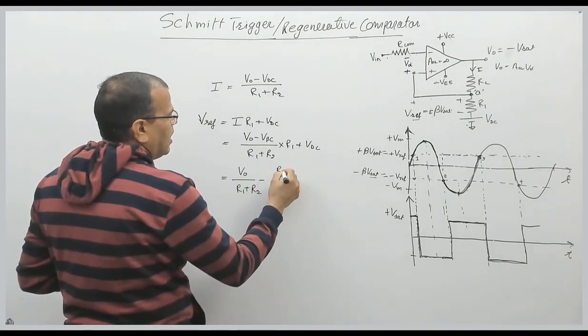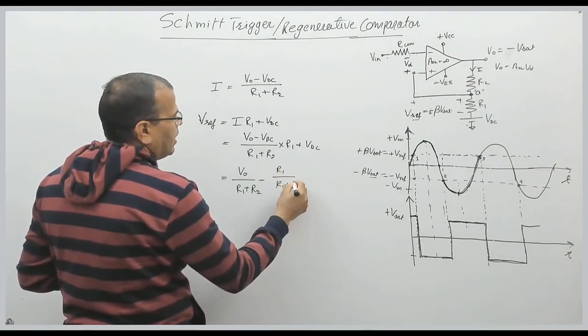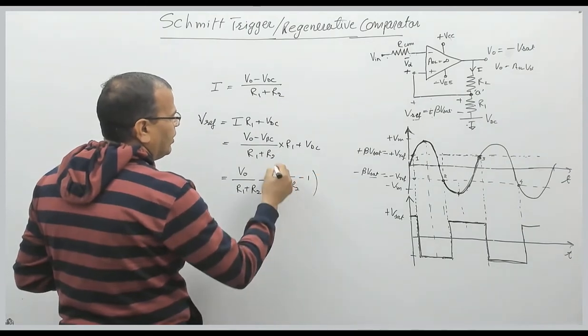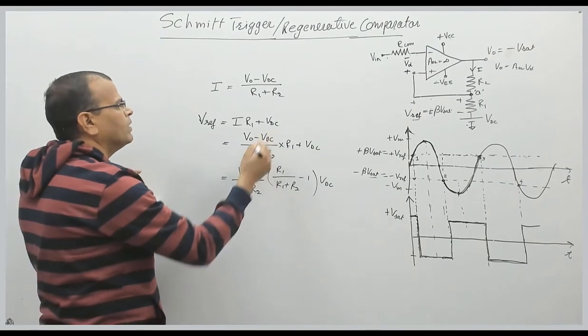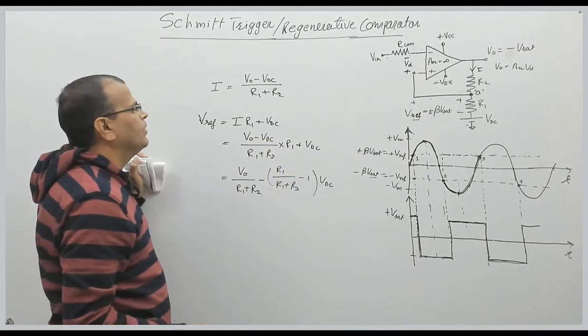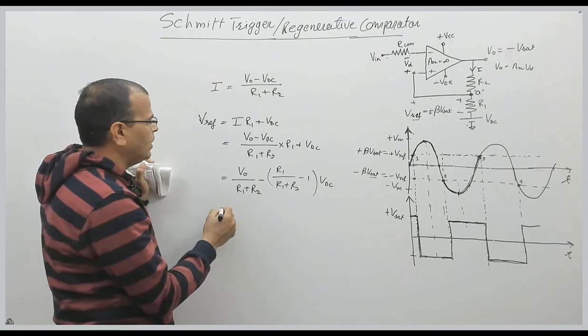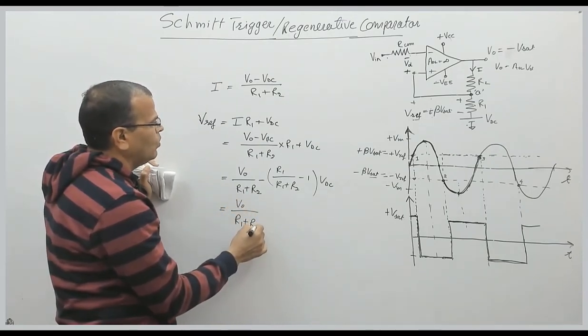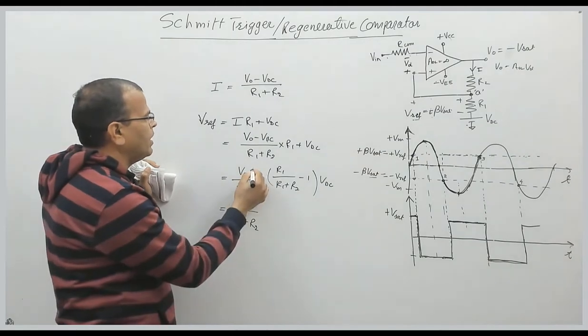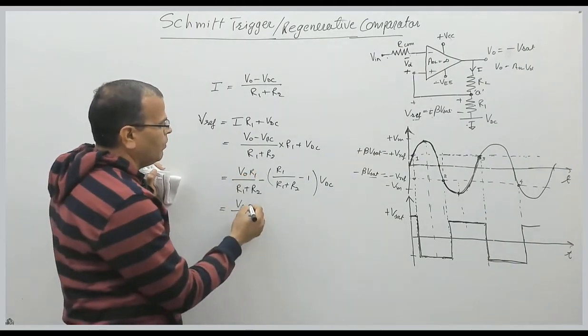Minus R1 by R1 plus R2 minus 1 into VDC. What I did, I have separated this part of the circuit from this one. So this gives what? That is V0 by R1 plus R2 into R1 here as well, R1 plus R2.